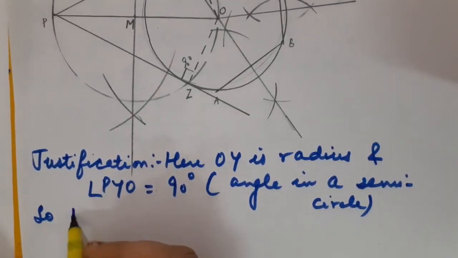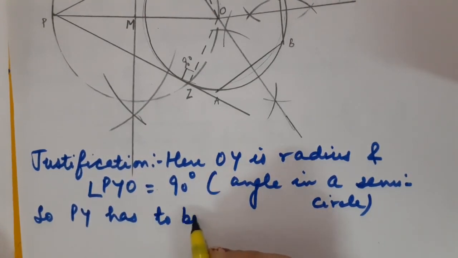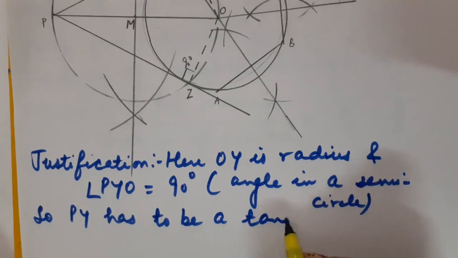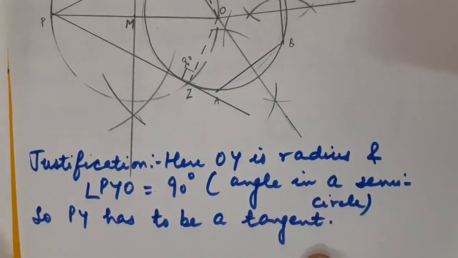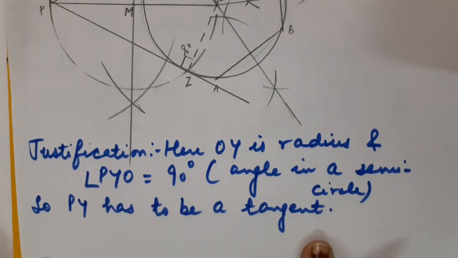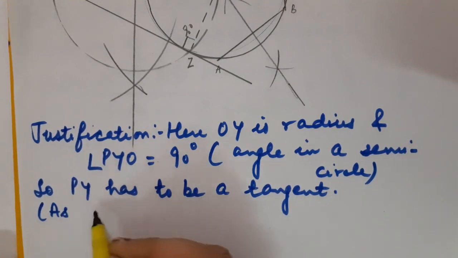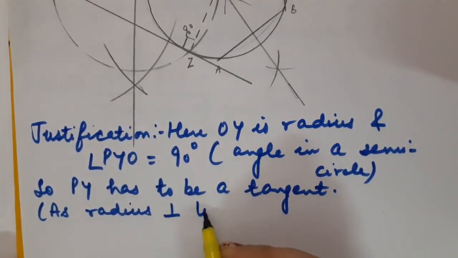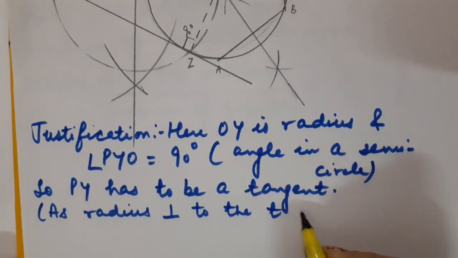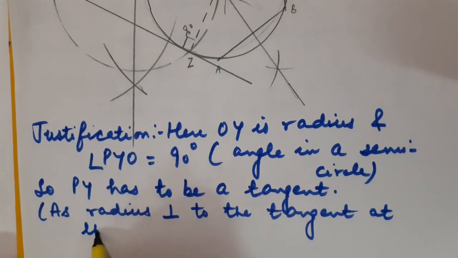So PY has to be a tangent. Reason is what? Because radius is always perpendicular to the tangent at the point of contact. You can write the reason as radius is perpendicular to the tangent at the point of contact.